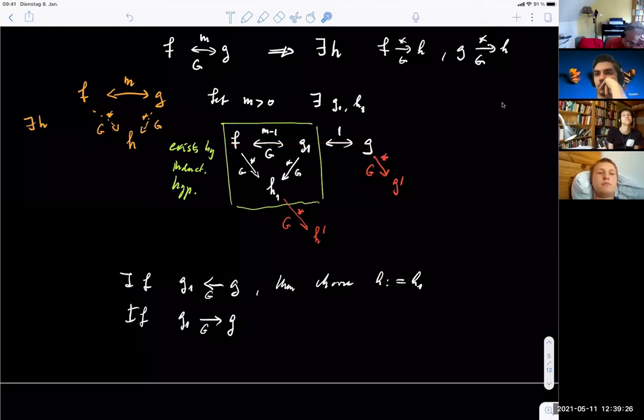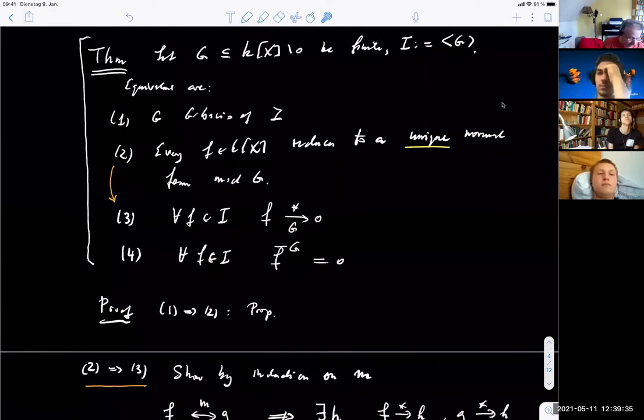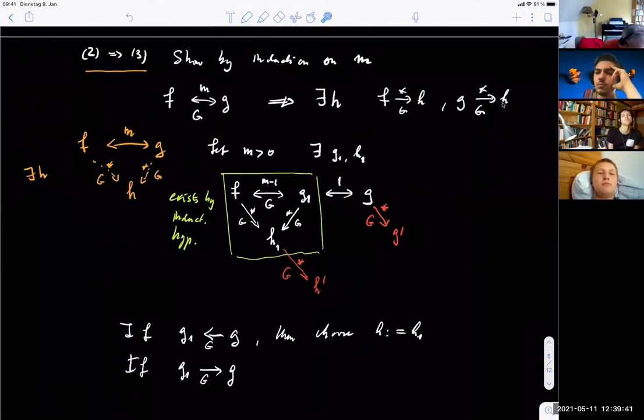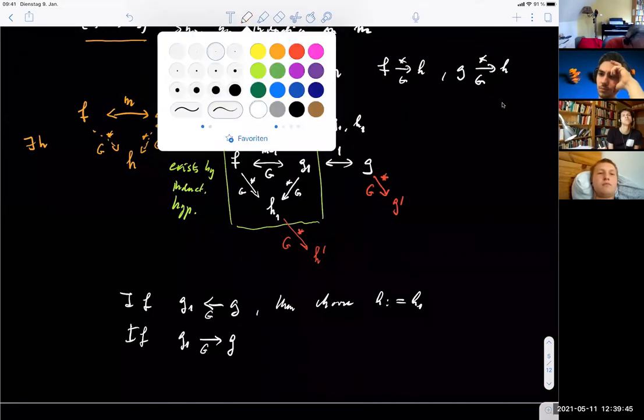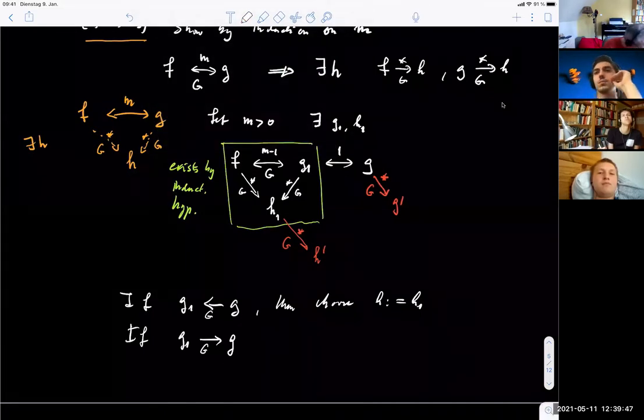So G prime and H prime are both normal forms of F. Because of the uniqueness assumption, they must be equal. Let me write a little something for those who do not attend the lecture but just look at the notes.